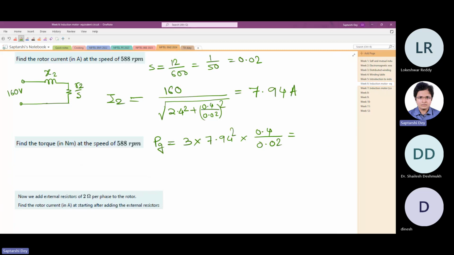That is 3782 watt. Now mechanical power we derived as 1 minus S times Pg.